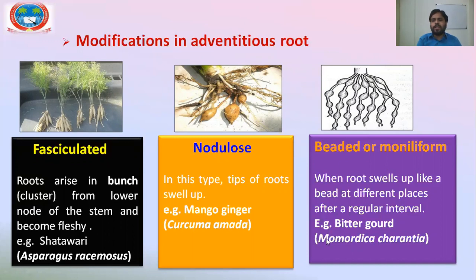The best example is Momordica charantia, the bitter gourd. In this plant, the roots get swollen at certain intervals, and that's why they look like beads. Such a root is called a beaded or moniliform root.